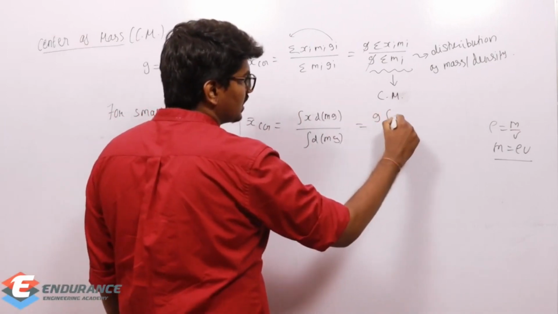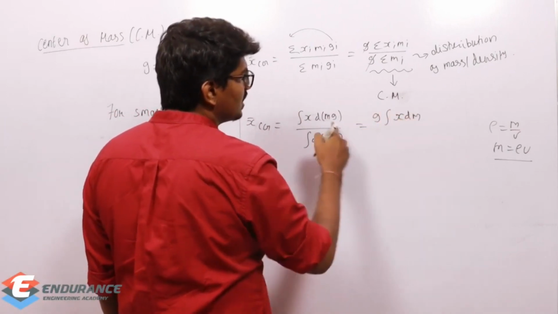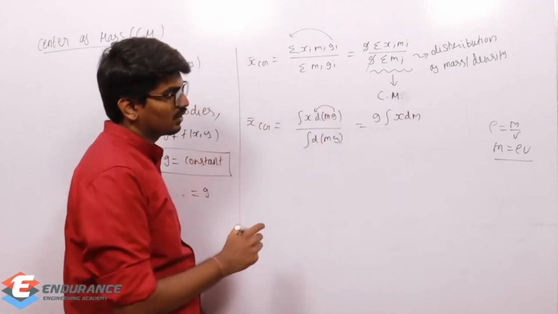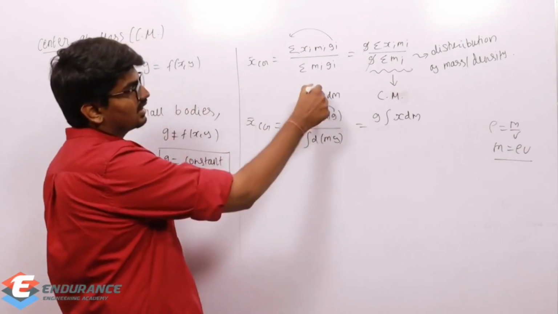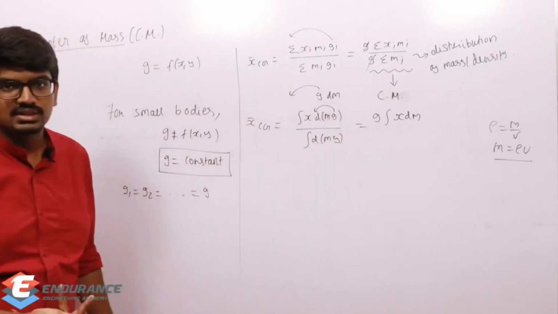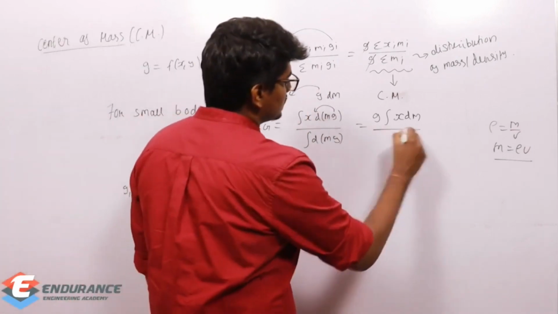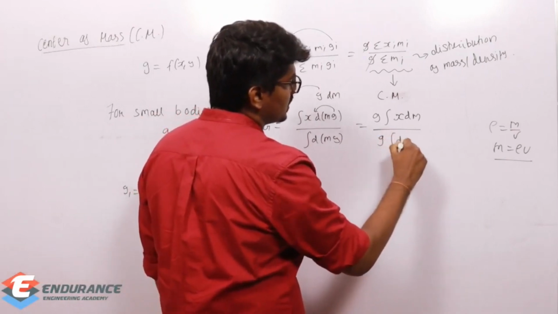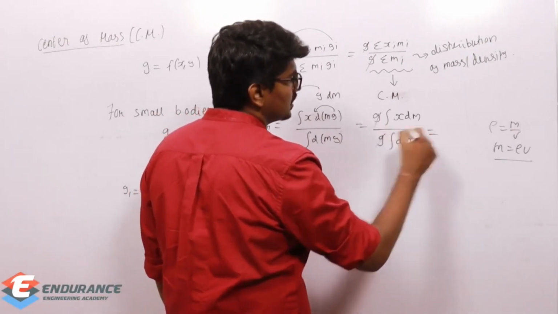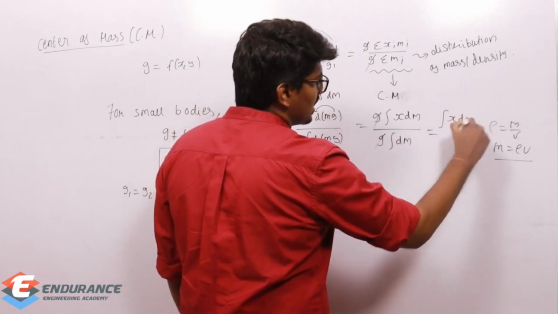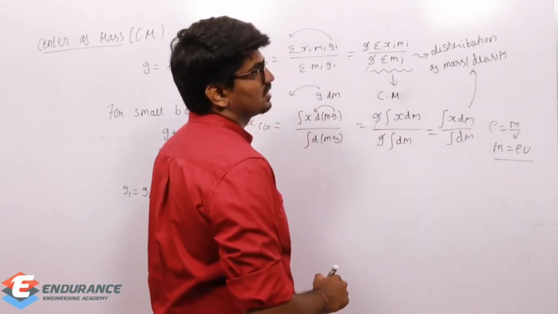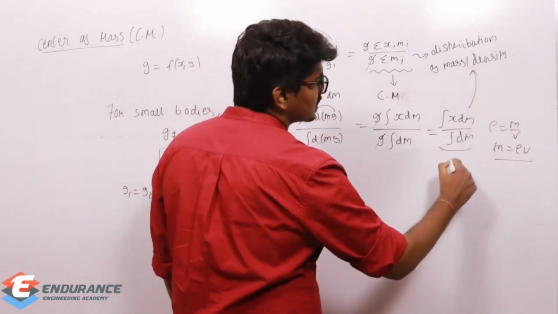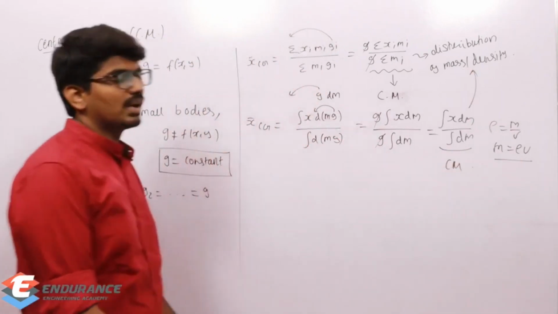So g into integration of x dm, divided by g into integration of dm, which is equal to integration of x dm by integration of dm. Again, this is representing distribution of mass or density, and this is called center of mass.